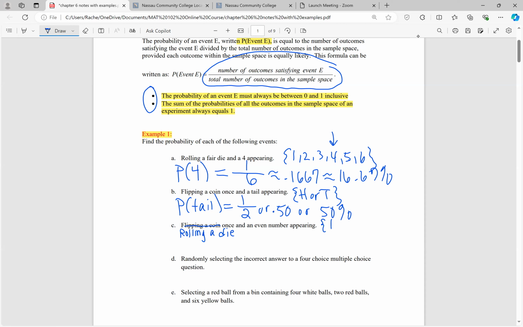So here are my possibilities: 1, 2, 3, 4, 5, and 6, right? When I roll a die. So the probability of getting an even number is going to be something out of 6, right? Because there's 6 possibilities. Now you have to ask yourself, how many are even? So we have 2, 4, and 6, right? Those are even numbers. So it's going to be 3 out of 6 or 1/2, right? We could write that as 0.5.